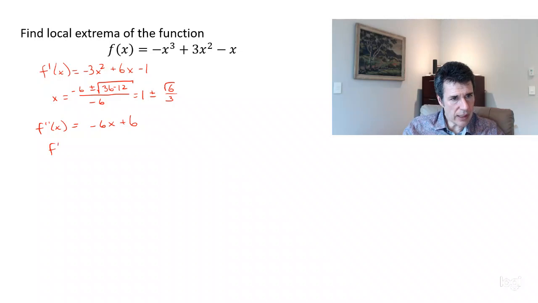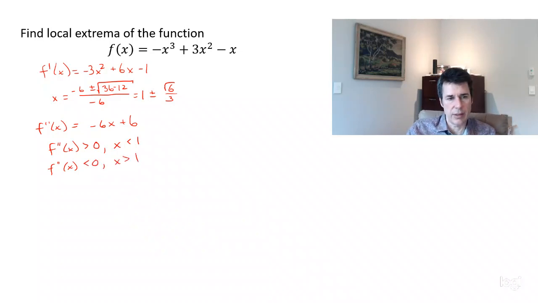So the second derivative is positive when x is less than 1, and the second derivative is less than 0 when x is bigger than 1. And so we could have done a sign chart for the second derivative if we wanted to check this.